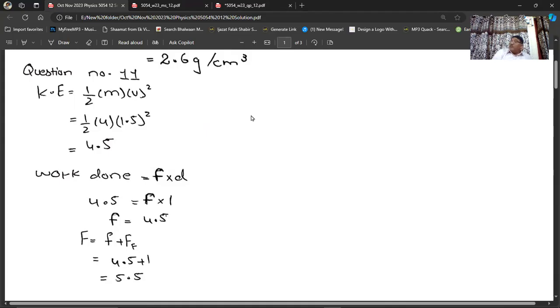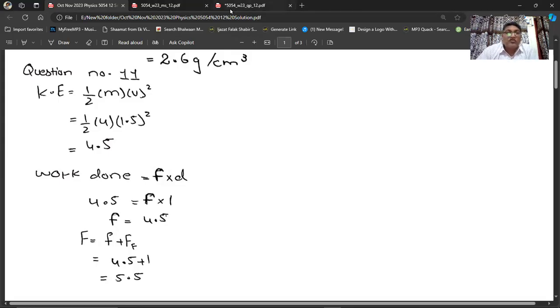The force which you apply must overcome the friction, and it must also provide this resultant force. So the force which you apply will be 4.5 plus 1. You have to give the resultant force plus you have to overcome the friction. So 4.5 plus 1, that is 5.5 Newton.